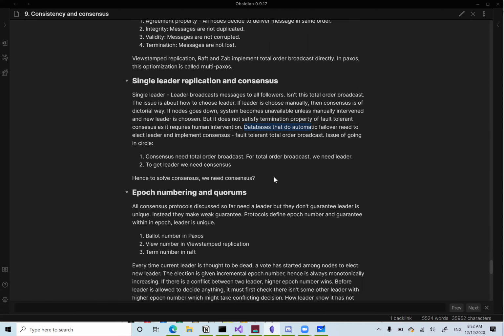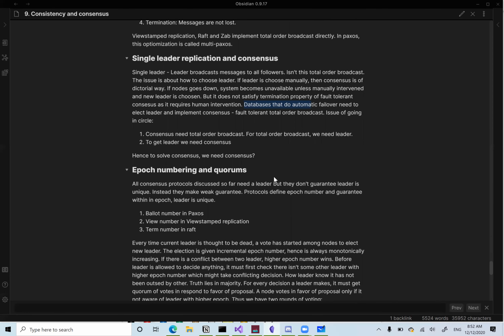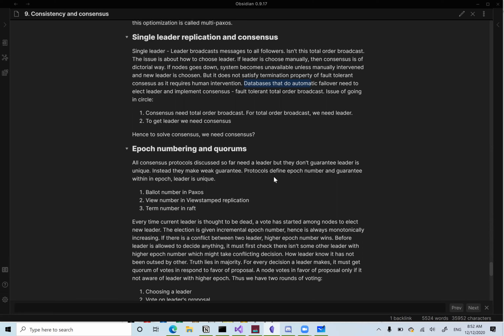So the answer to this question is that in these algorithms, the leader election consensus is not a strong guarantee. In consensus, we are saying that everyone should agree on the value, right?